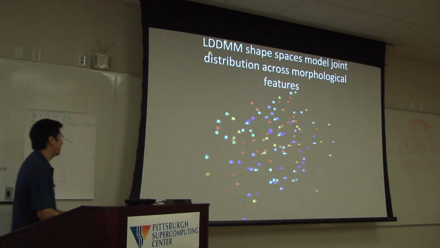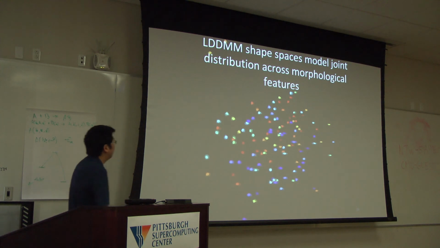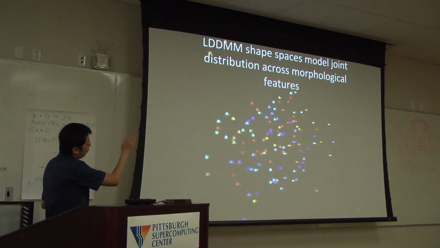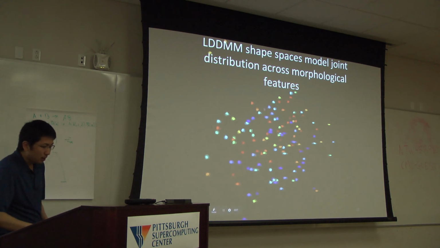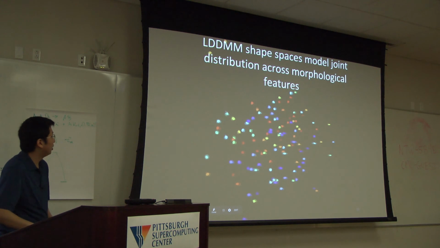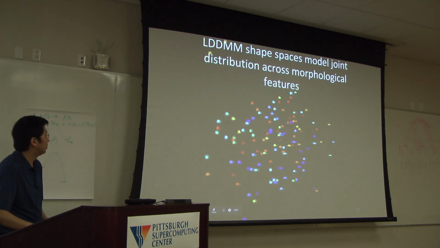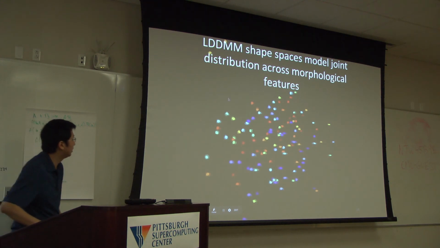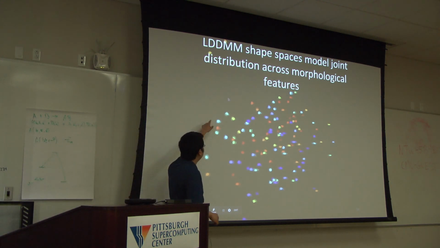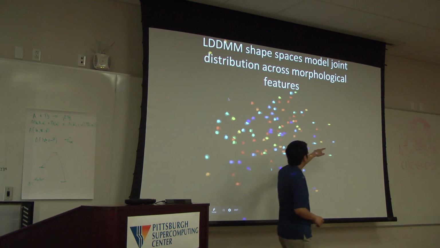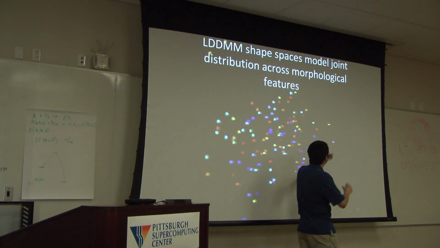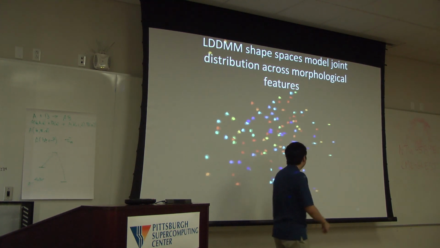So here is an example of the shape space we built jointly for both cell and nuclear shape. And we can see that it can represent the morphology difference between the cell groups. So for this group, we can see they are mostly large and round cells, whereas for the cells here, they are small and not that round.